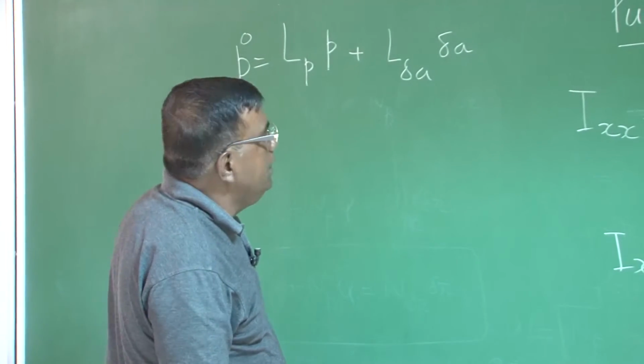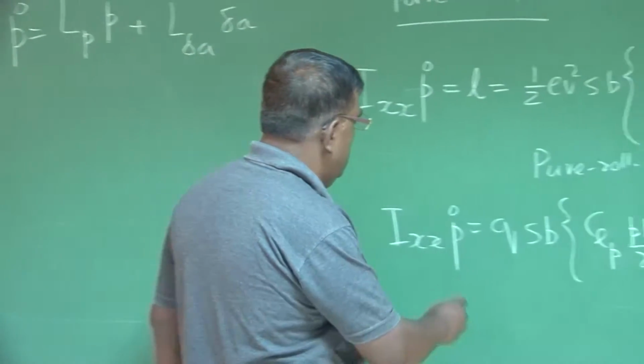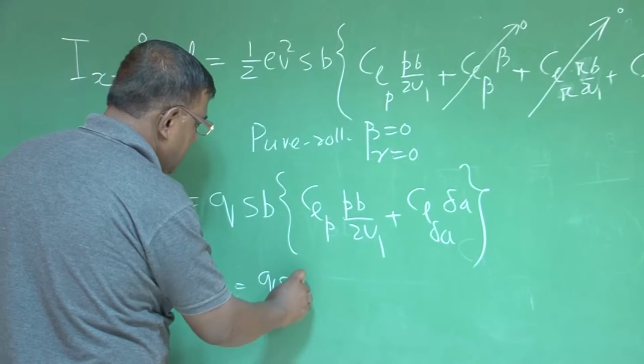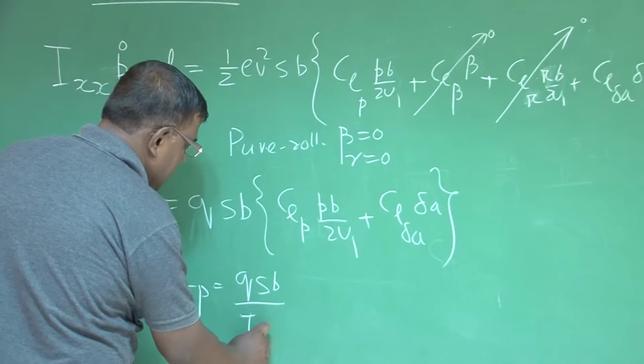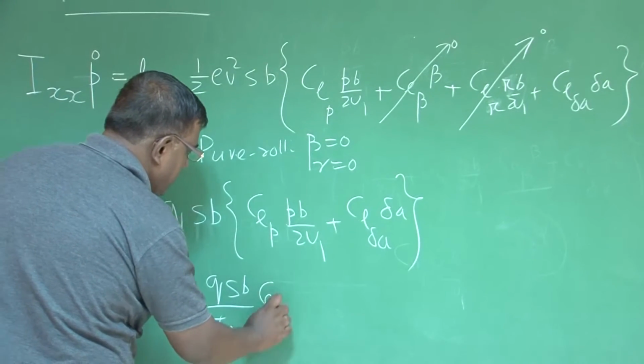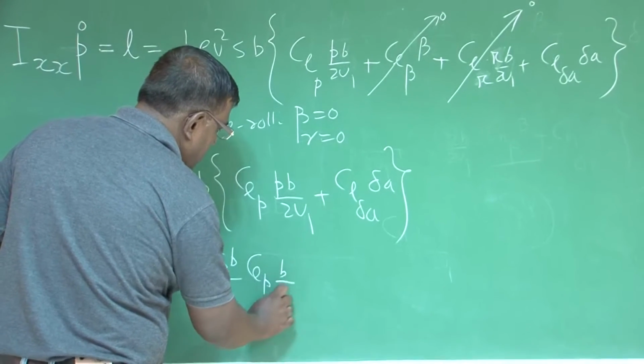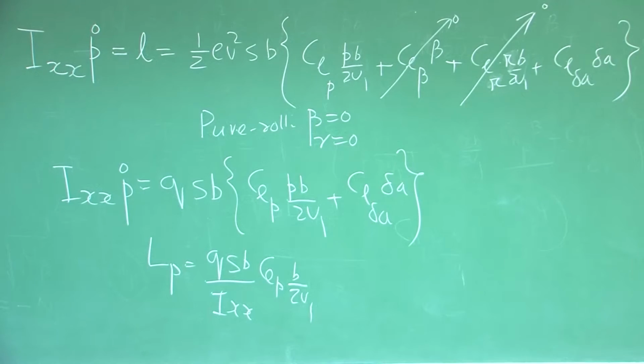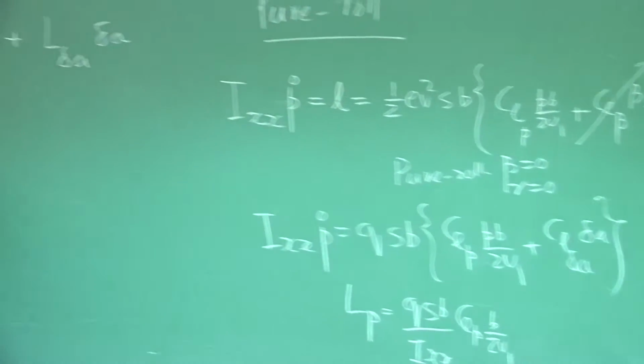And what will be L_p? L_p will be equal to Q S b by Ixx into C_L_p into b by 2U1. Similarly, you can find C_L_delta.